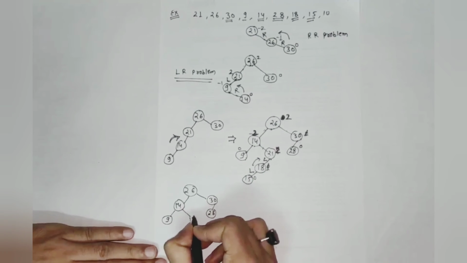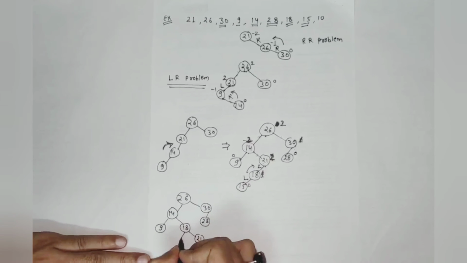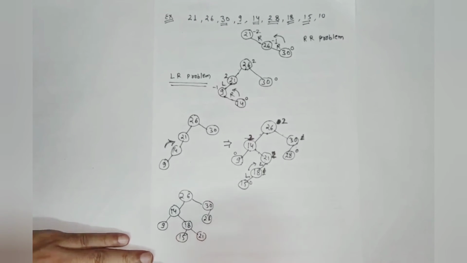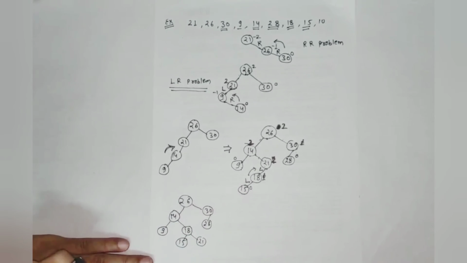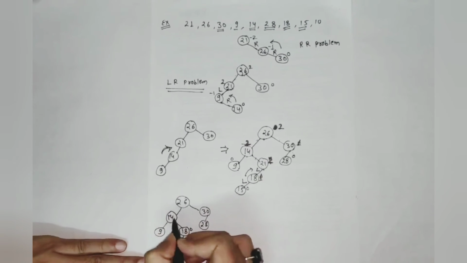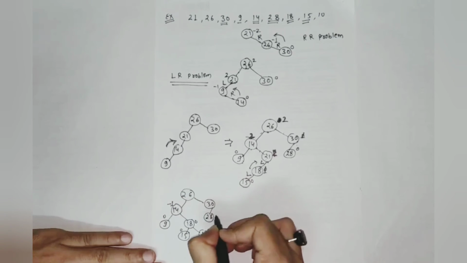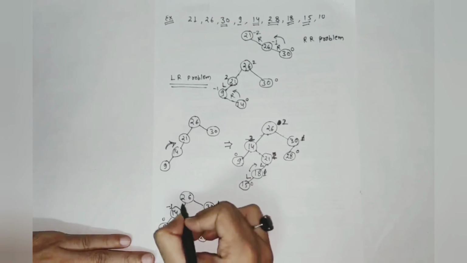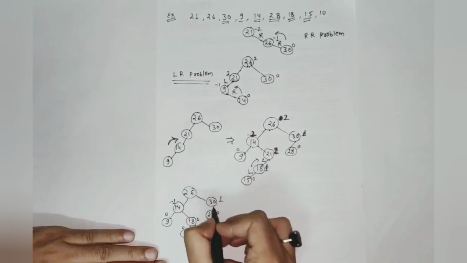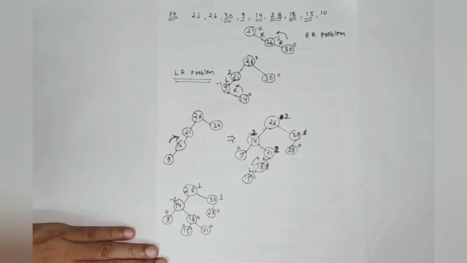So here 18, here 21 and here 15. Now we will check the balance factor. So balance factor is 0 0 0 1 2, and this is minus 1. For this 0, for this 0, this is 1 1 2 3 1 2. So it is 1. Now it is an AVL tree.